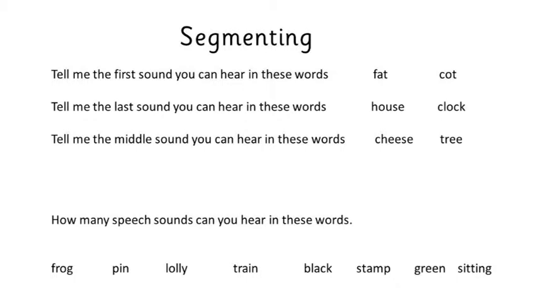If I ask this child the same question next week, what's the middle sound in tree, she'll say something different, because instead she'll be splitting it as t, e, tree, three sounds, and asking which is the middle one. What you'll find with children, if you let them say fr as one sound and do consonant blends, is that if I ask a child to give me frog without the f, they'll say og because they think fr is one sound.